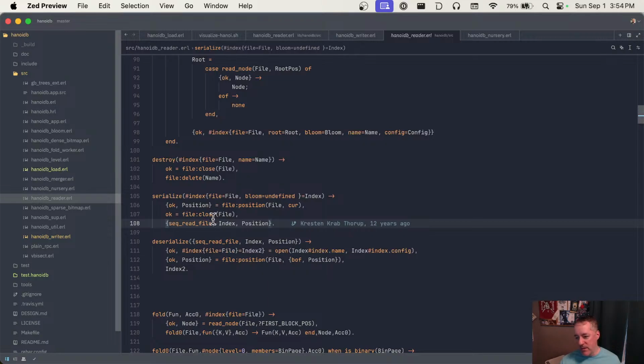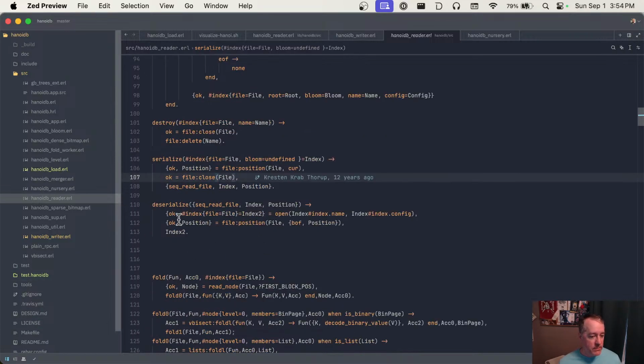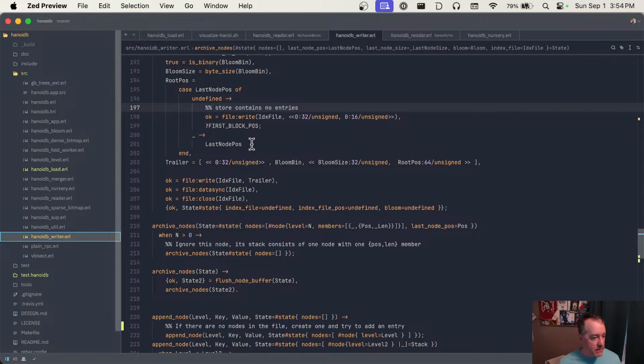A file handle can't be safely serialized because that PID could go away, right? And file close kills the PID that represents that file. Anyway, and then here it's opening the file and resetting to a position in that file that was the serialized position from up here. That makes sense. Writer, let's look at serialized there.